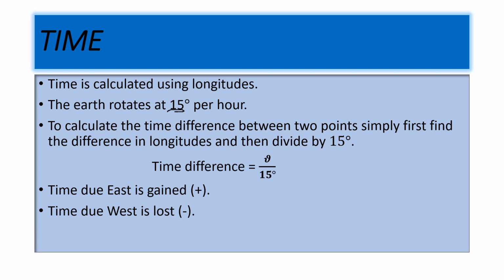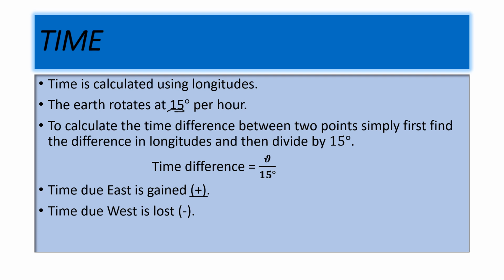Then after finding the time difference, you have to check if the point you are finding time for is to the east side of the original place or to the west. Time due east is gained. You add the difference you have found to the time given at the point. If it's going toward east, you add, meaning it is gained.